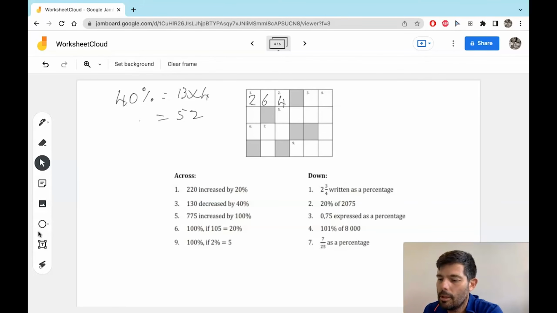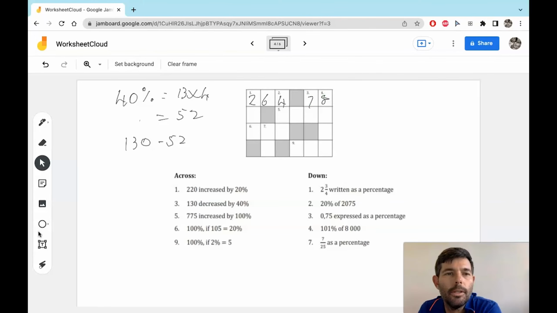Okay, so 130 minus 52. I'm going to minus 30 first to get to 100, then minus another 22 to get to 78. My mistake, not 178, 78.